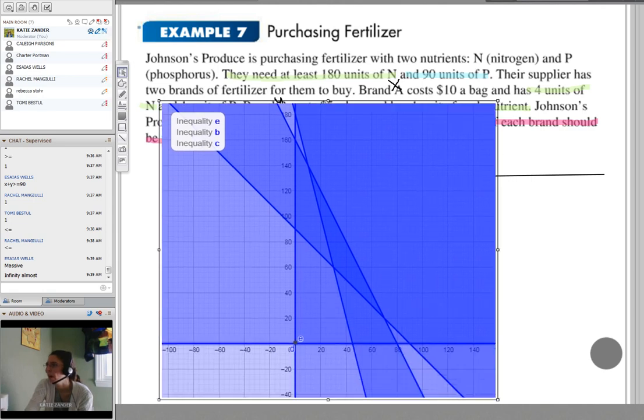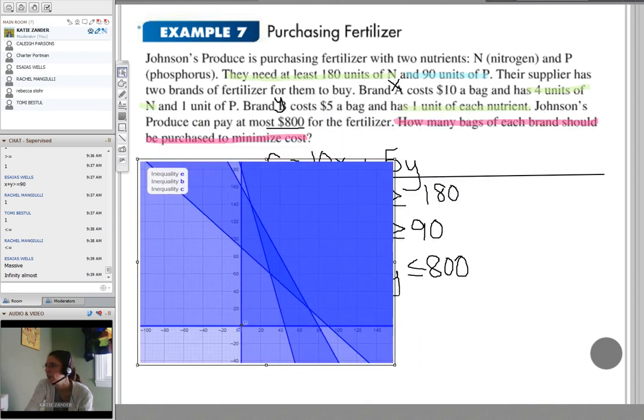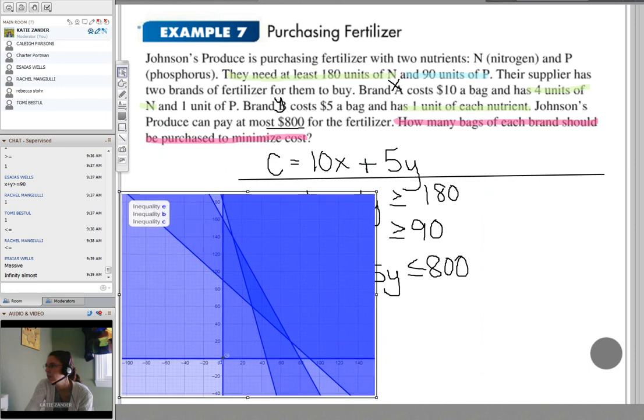Let me throw up what I see when I graph those. Sorry, got to cover the inequalities a bit. Is that what everybody else is seeing there? Something similar to that?